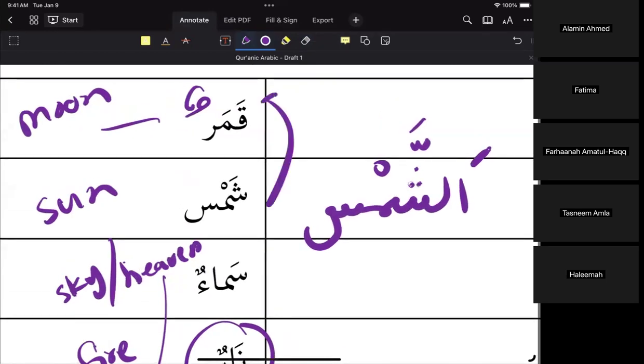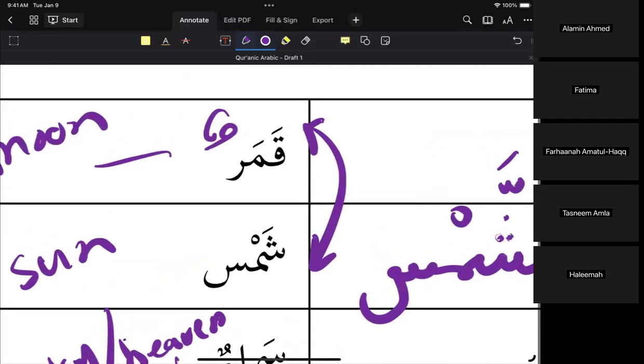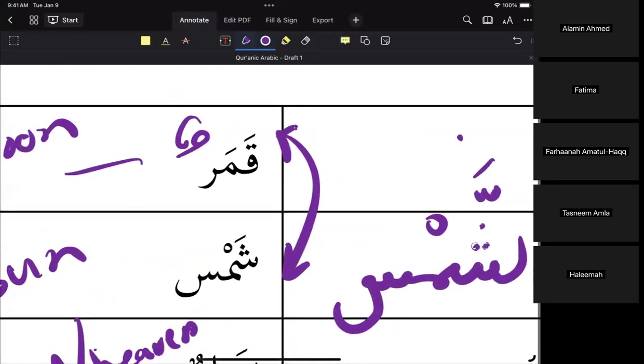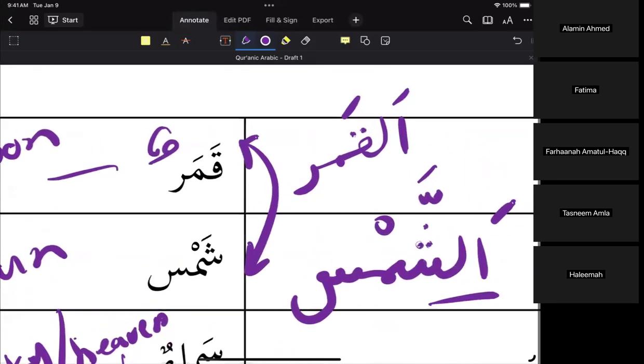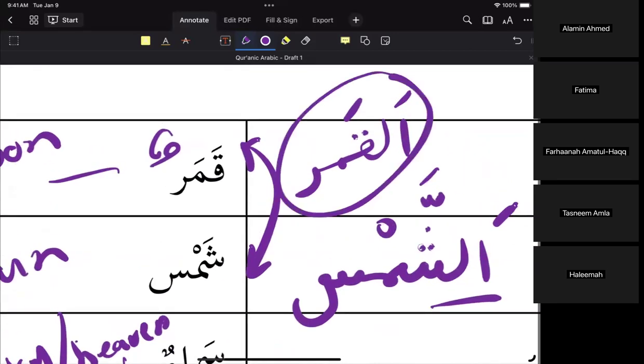The names of these letters come from these two words. Qamar, because when you add alif lam to qamar, you have to pronounce the lam. So you say al-qamar. And when you add alif lam to the word shams, you don't pronounce it. That's why the letters where you pronounce alif lam are called huruf qamariya.